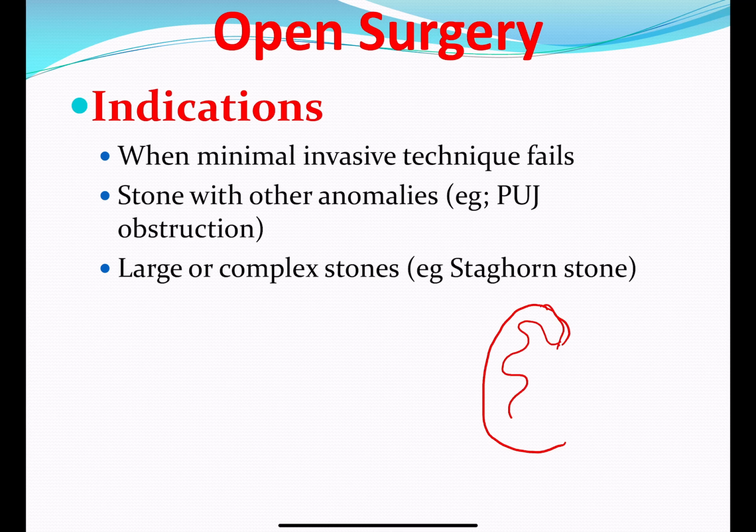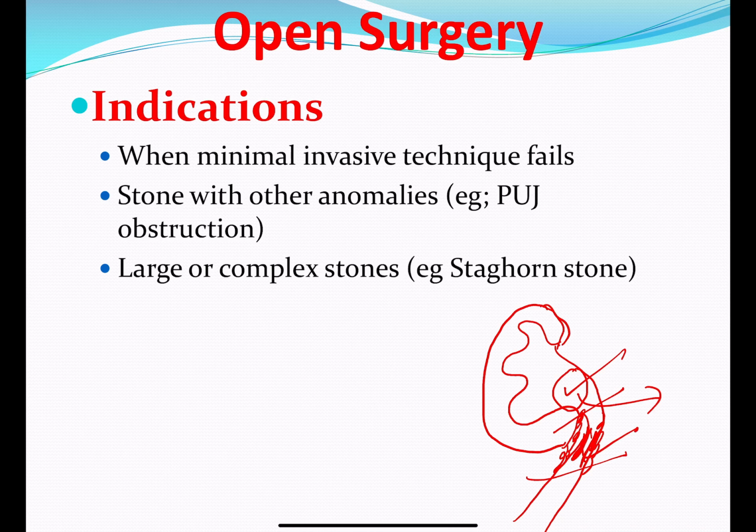So in the same setting, a single open surgery. Suppose here is a stone and here is a narrowing at the PUJ. You can cut out the narrow part, take out the stone, stitch the remaining part, and repair it, such that you have managed both the stone as well as the PUJ.